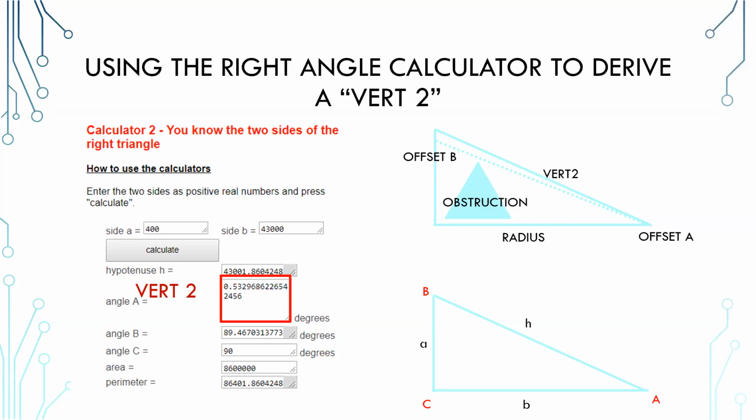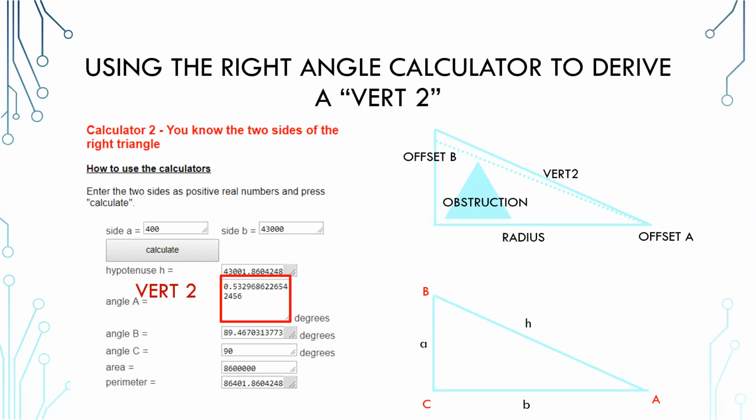So in this slide, the right angle calculator was used to derive the Vert 2 using the known parameter of 400 feet and the range of the UAV. The uppercase A right underneath the Vert 2 was used from offset A to offset B as the scan elevation.